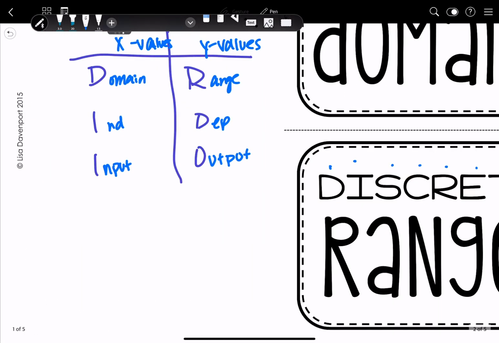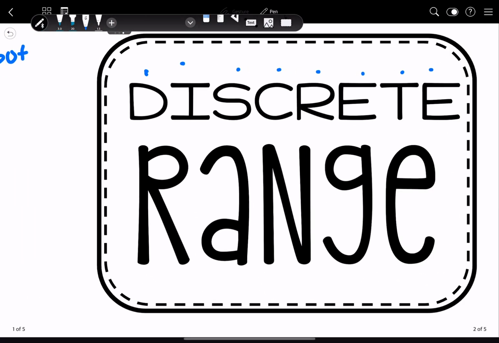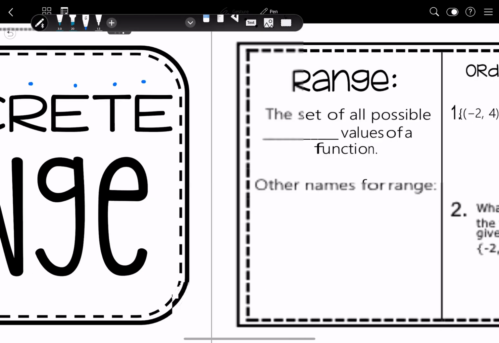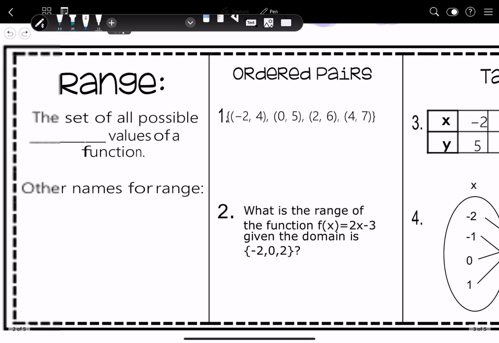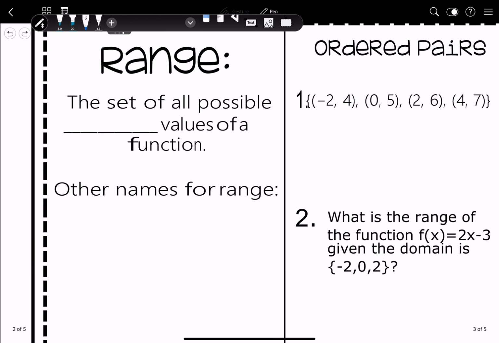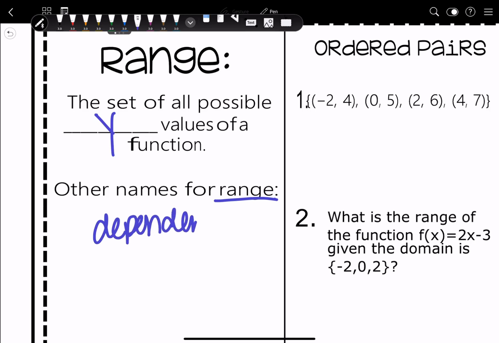And the same thing's going to happen right here when we go into our discrete range. So before we get started, of course, we're going to fill out our information that we know. And you guys all know this. The set of all possible y values of a function, and the other names for range are your dependent variable and your output, right? So same thing here.